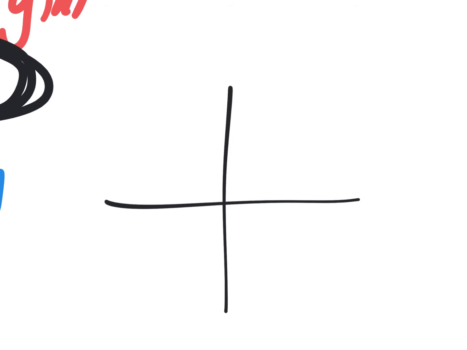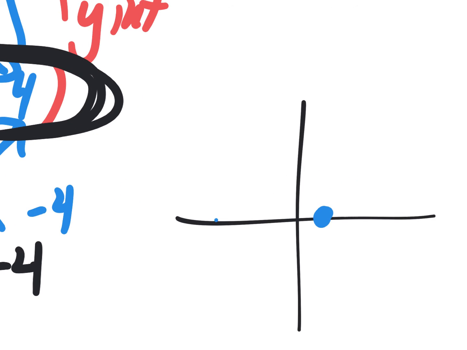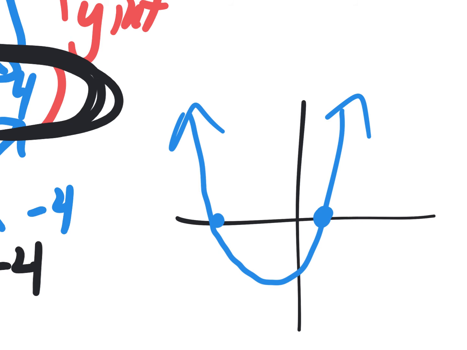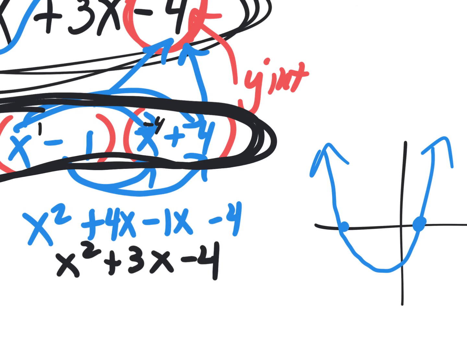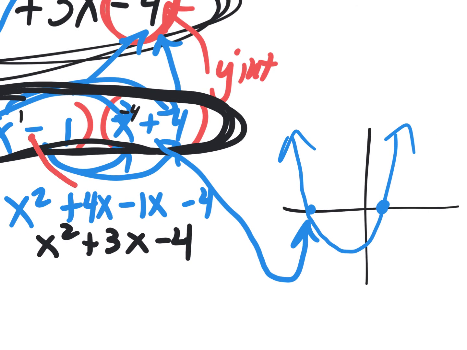Here's positive 1, and here's negative 4, and I know it's a parabola, so look, I can graph it so quick. Okay, what just happened again? I factored it, and the two factors told me, one of them told me this one, and the other one, I'll do it in red, this one here, told me that answer.